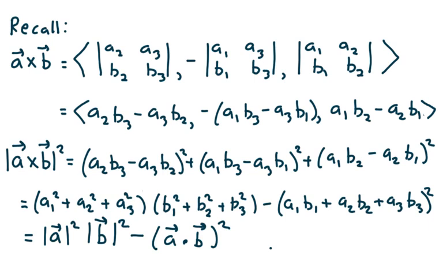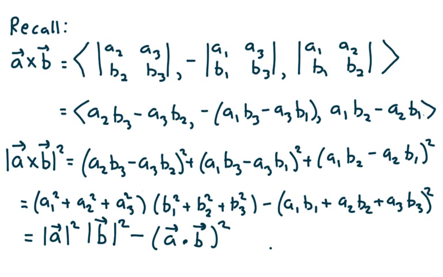Recall, A cross B is a vector where the first component is the determinant of the submatrix A2, A3, B2, B3. The second component is negative the determinant of the submatrix A1, A3, B1, B3.